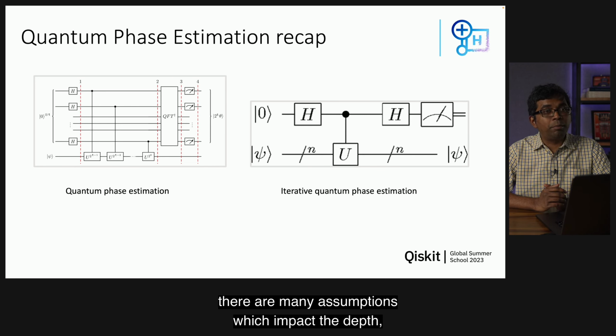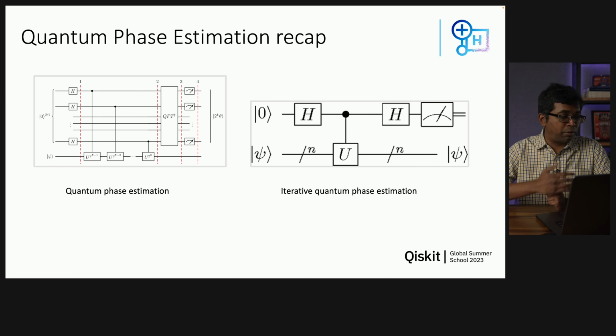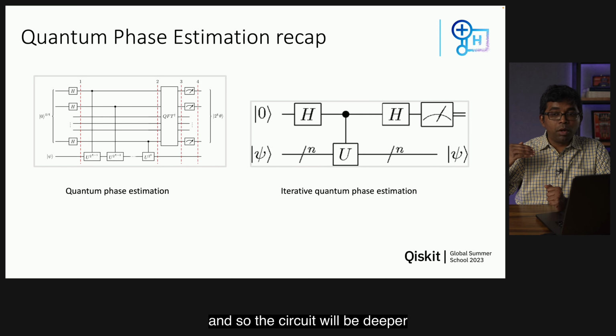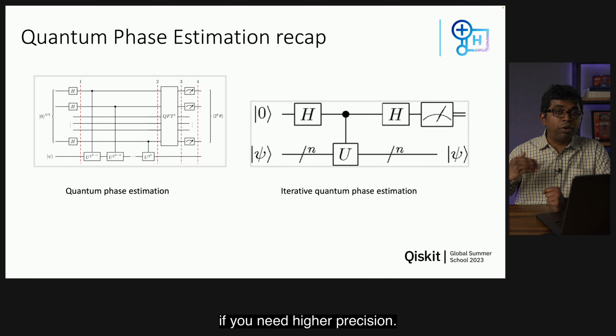And that will control the power of the unitary you're going to apply. So if you need t precision, of course the first unitary will have power 2 to the power t, and so the circuit will be deeper if you need higher precision.